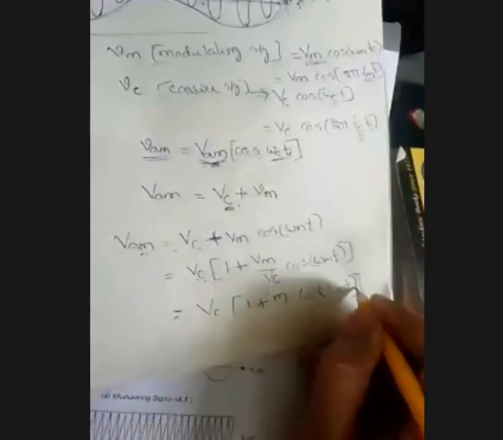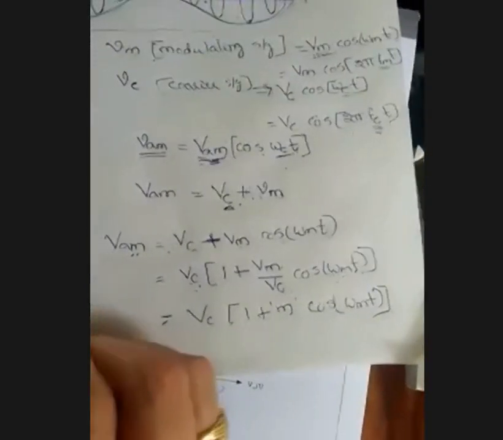So in this, VC times 1 plus, here I am writing m, small m, instead of writing VM by VC, cos omega mt. So here m is equal to Vm by Vc.